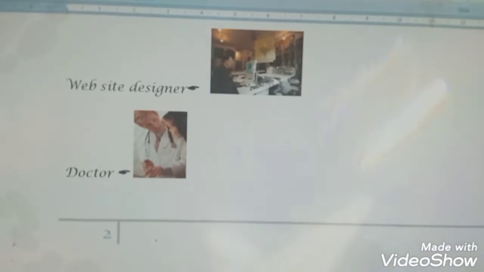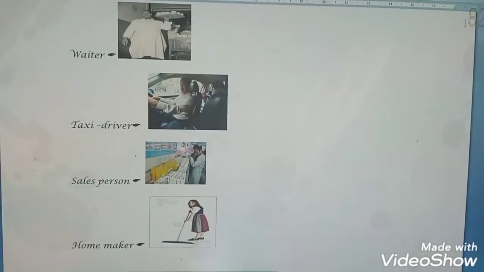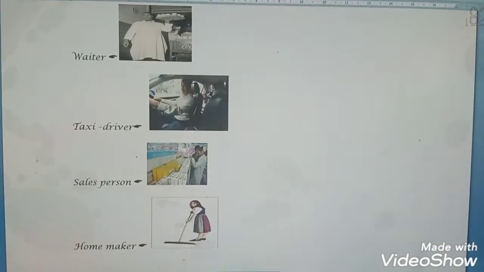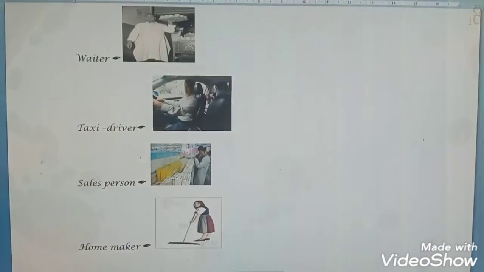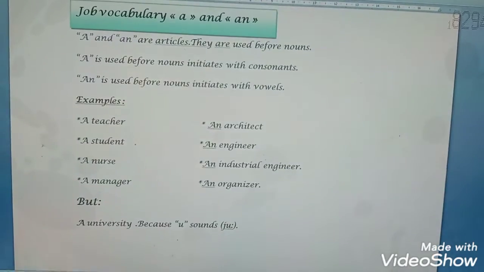Manager, website designer. Doctor, waiter. Taxi driver. Salesperson. Homemaker.